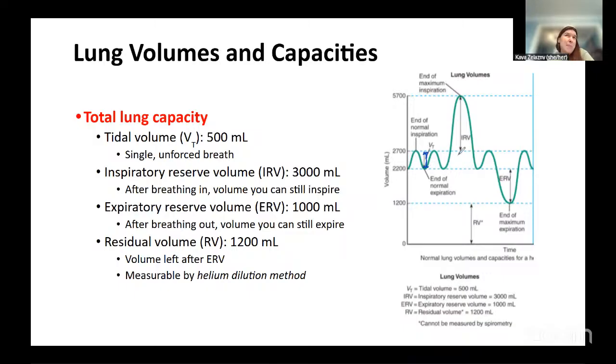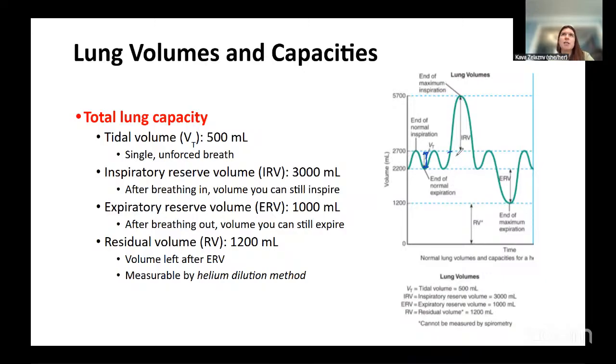That's not the maximum amount of air you could breathe in. And you didn't push all the air out of your lungs either, right? So that's why we have these other volumes, right? So imagine you're breathing easily, right? You go to the top of your easy breath in, right?